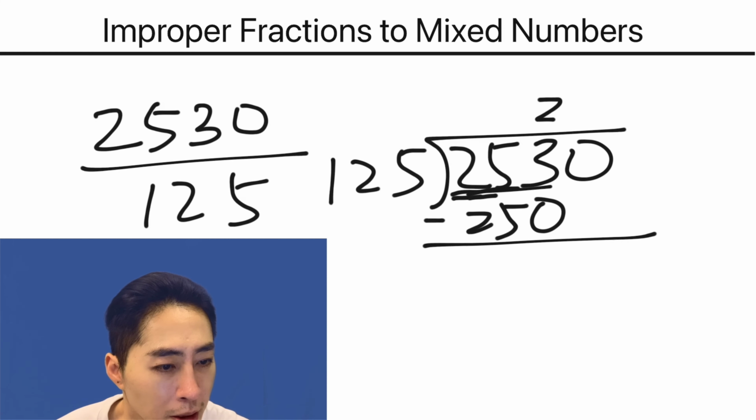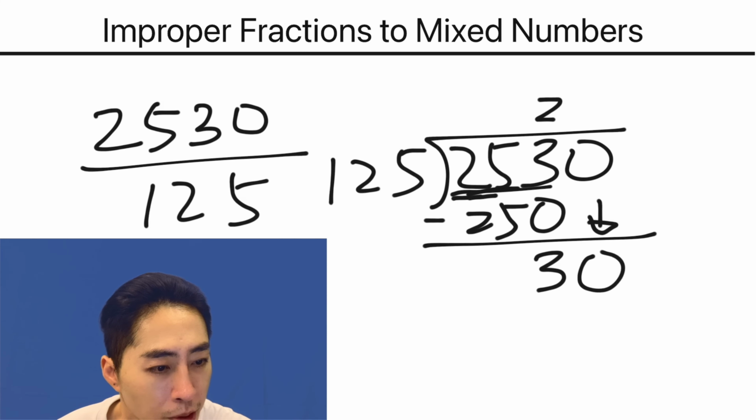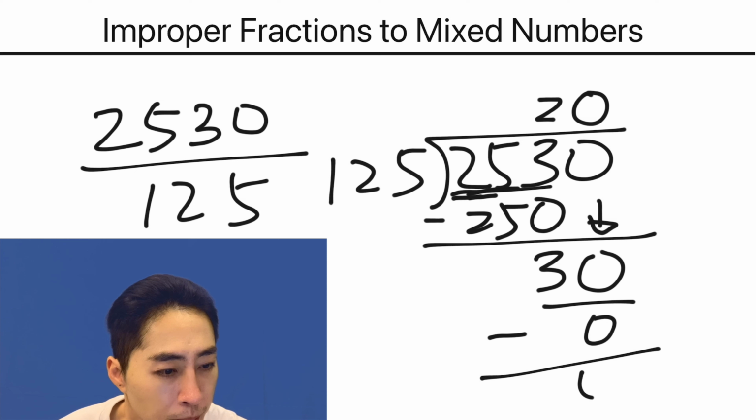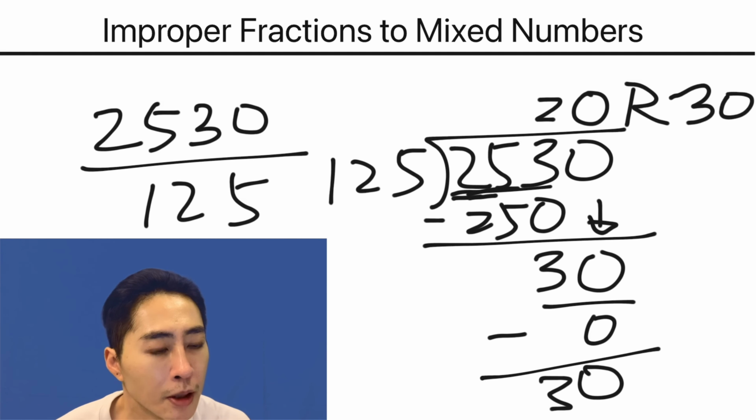And if we subtract 250 from 253, we get 3. Bring down the 0. Then 30 is too small for 125, so this would be 0. So it will be 20 with a remainder of 30.